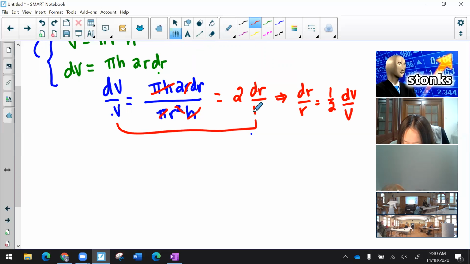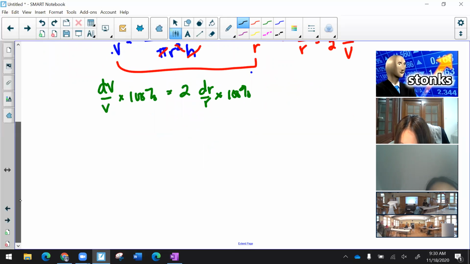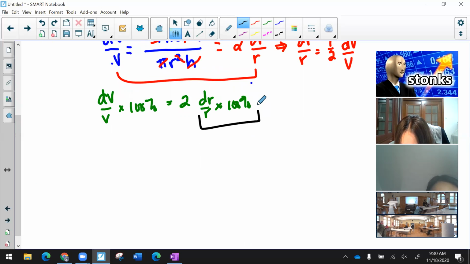Okay, let's go back to this part of our equation. And multiply both sides by 100%. So dV over V times 100% is going to be 2 times dr over r times 100%. Right? I haven't done anything crazy. What's dr over r times 100% equal to? 0.1%.